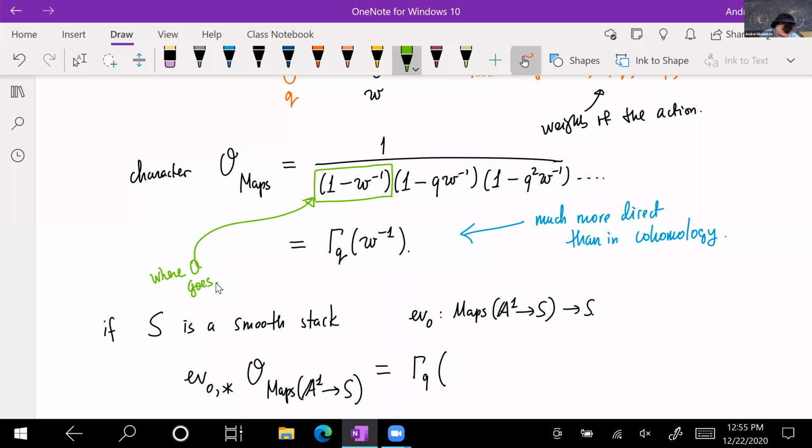So then it's the rest, and the rest is this part, and from that part we get the Q times the dual of the tangent bundle. This goes in here.